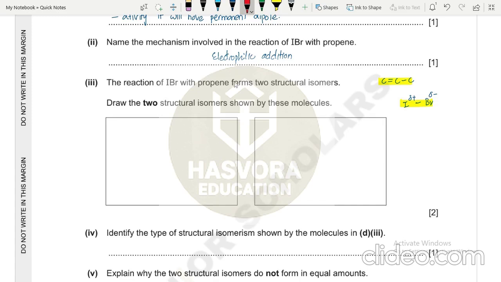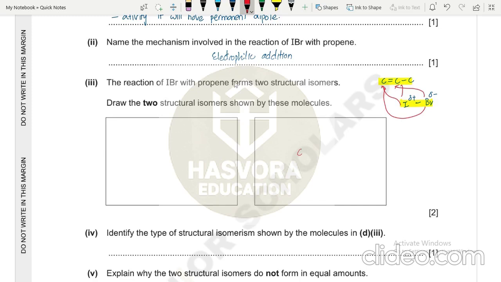So first of all, the bromine can attach with this carbon and the iodine can attach with this carbon, or alternatively the iodine can attach with this carbon and the bromine can attach with this carbon. So we can make these two types of structural isomers. Let's try to draw them.